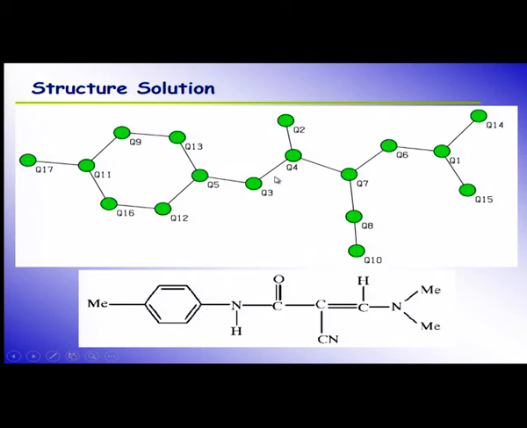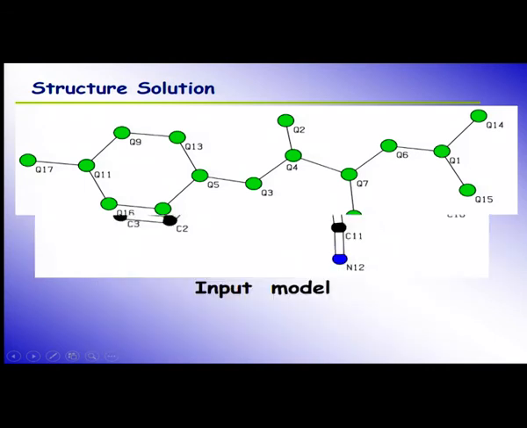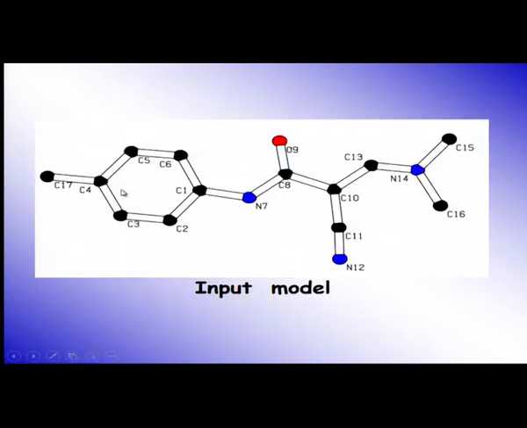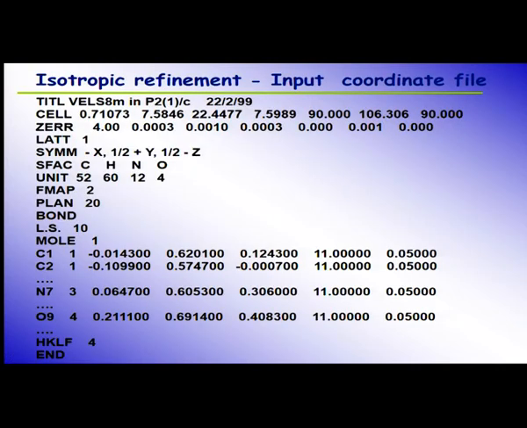So, now what I am going to do, having known this structure given by the chemist, I can assign the species. As I told you, in crystallographic convention, carbons are shaded black, nitrogens are shaded blue and oxygens are shaded red. So, the moment you change the species name to O, C or N, the color changes automatically and the species in the instruction file are automatically renamed.